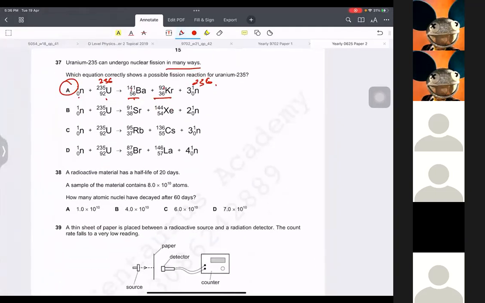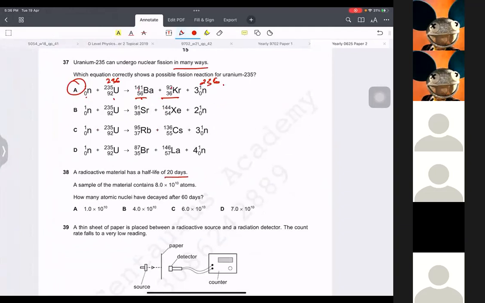Okay, then a radioactive material has a half-life of 20 days. The sample of material contains this many atoms. How many atoms have decayed in 60 days? So in 60 days, how many half-lives? 60 divided by 20 means 3 half-lives. 3 half-lives means that this value needs to be halved 3 times.